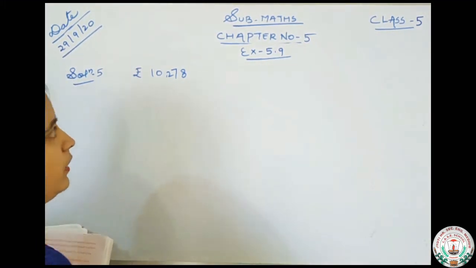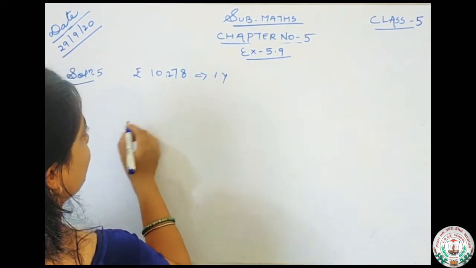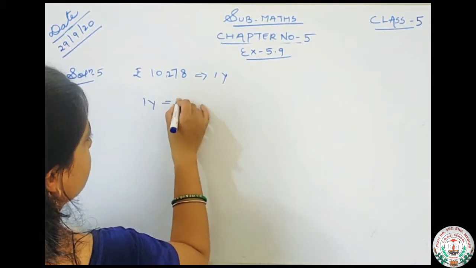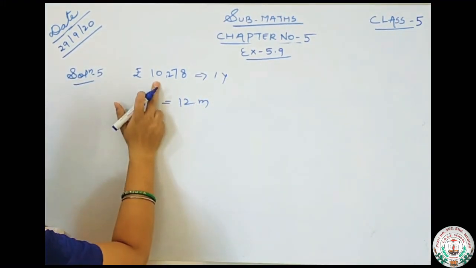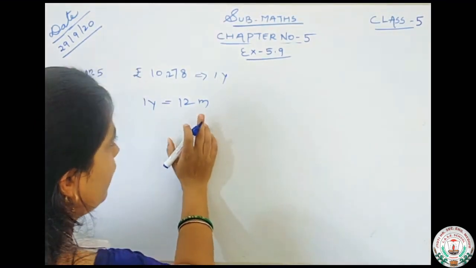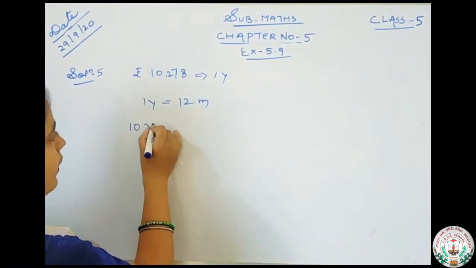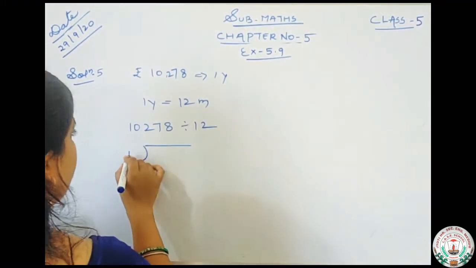You have to find the monthly income. This is his yearly salary, 1 year. How many months are there in 1 year? 12 months. If he earns this much amount in 12 months, how much will he earn in 1 month? So we will divide it by 12.